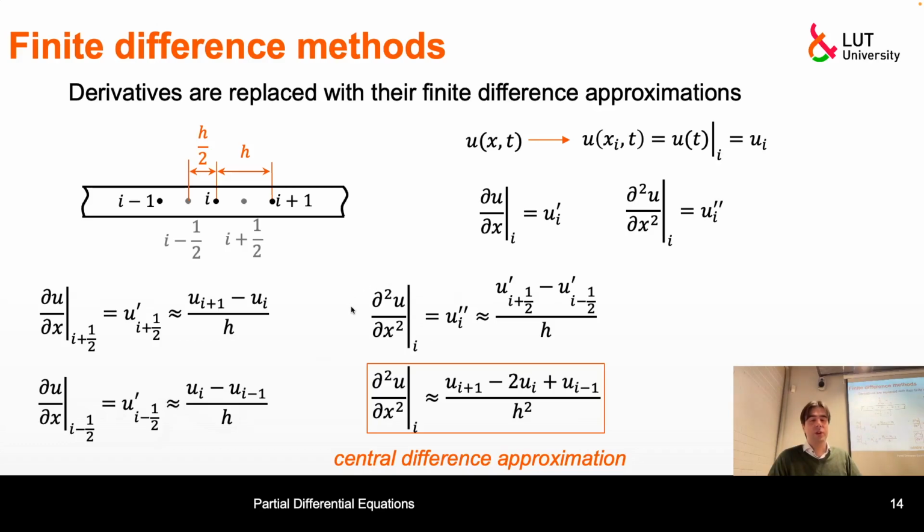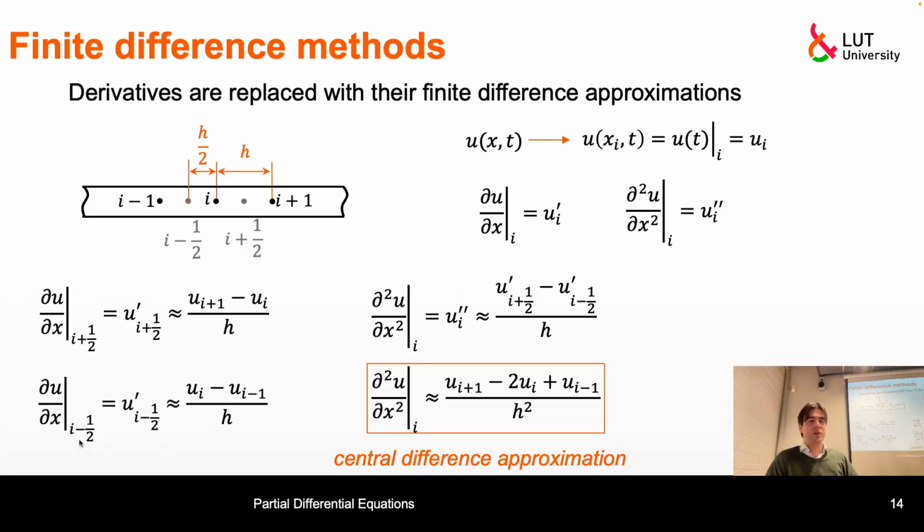If I want to calculate the second derivative, u double prime at the central point i, I take the first derivative to the right and the first derivative to the left, calculate the difference and divide by the distance between the two gray points, which is again h, of course. Nothing but the definition of the derivative, calculated approximately for distant points, so no limit here.